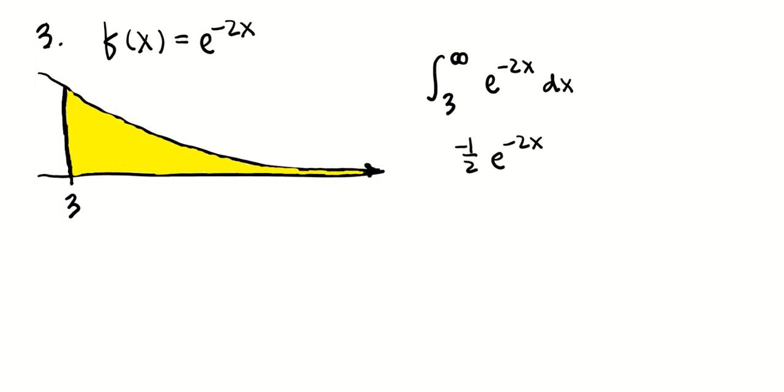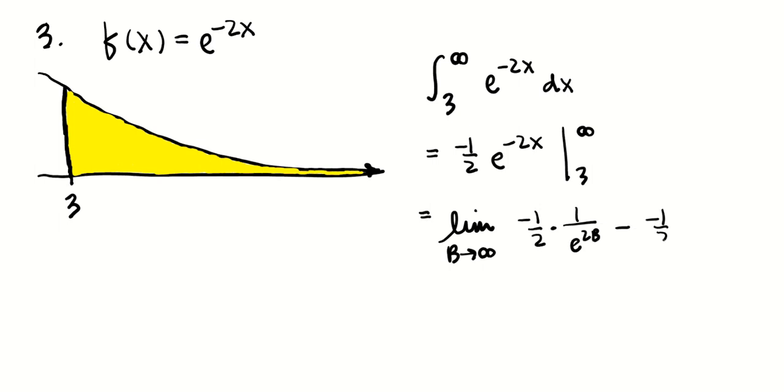And I'm going to let x run from 3 towards infinity. And that will be the limit as the upper bound b goes towards infinity of negative 1/2 of 1 over e to the 2b minus negative half of 1 over e to the 6.